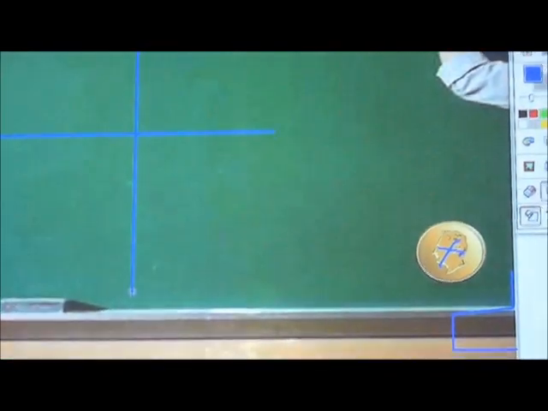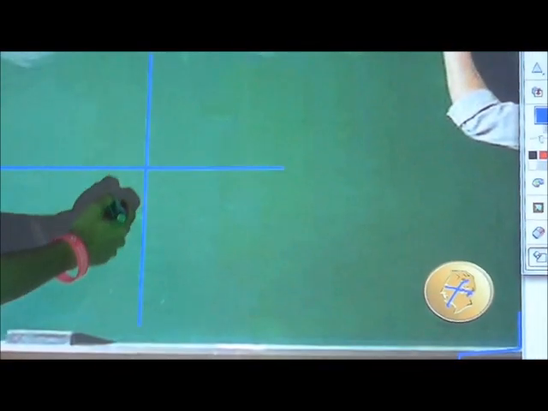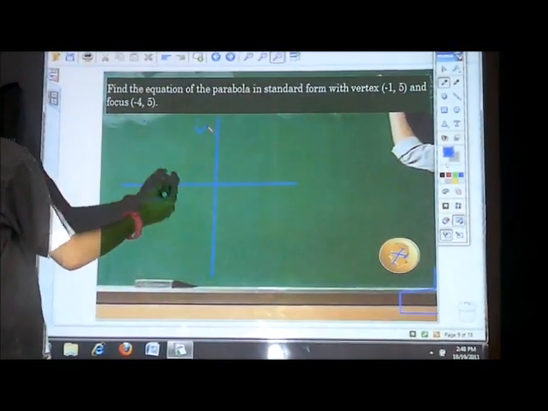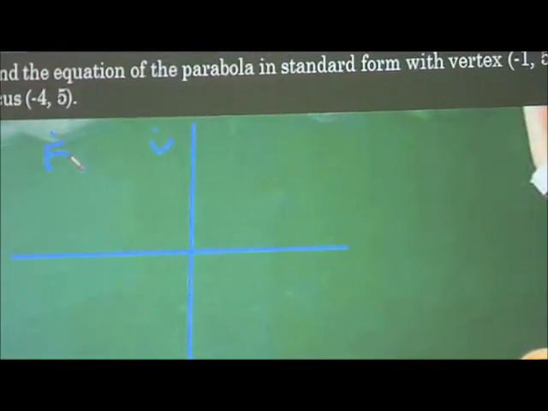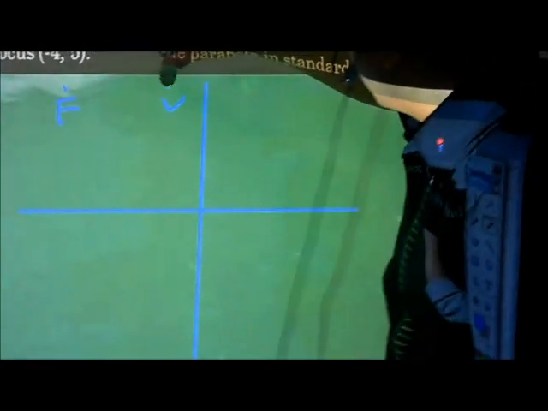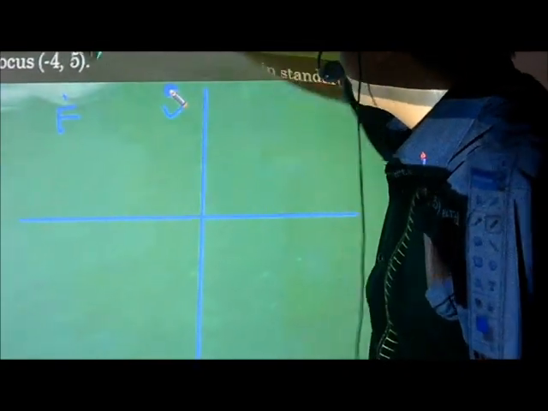The vertex is given, negative 1, 5 and negative 4, 5. This is the vertex. I don't see the point. I'll help you. So that's your vertex and that's your focus.